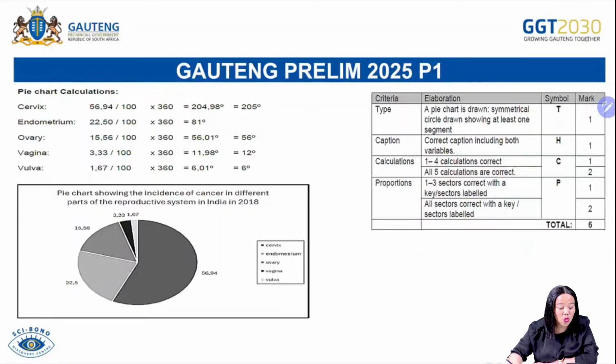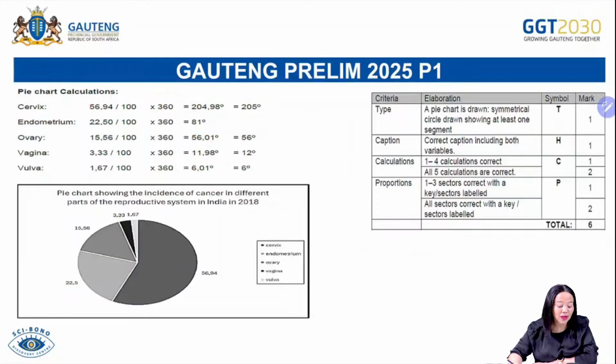That is why we are saying 56.94 divided by 100 multiplied by 360. And to see that your calculations are accurate, when you add all the degrees that you have calculated, they must amount to 360. Then as soon as you're done with calculations, you use your compass to draw a circle, and you use a protractor to measure the angles.